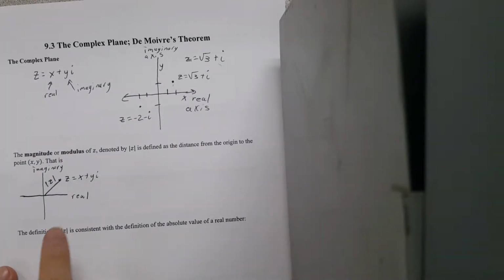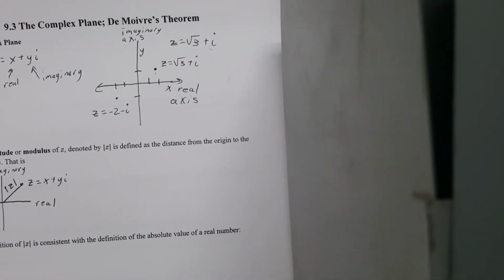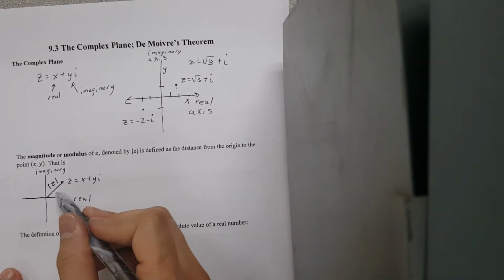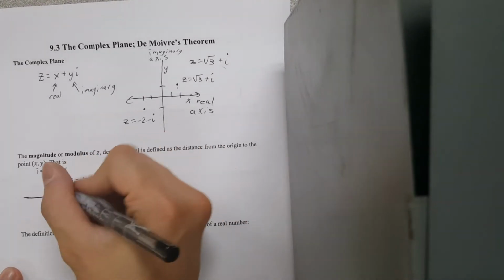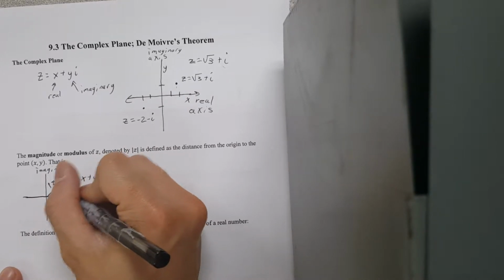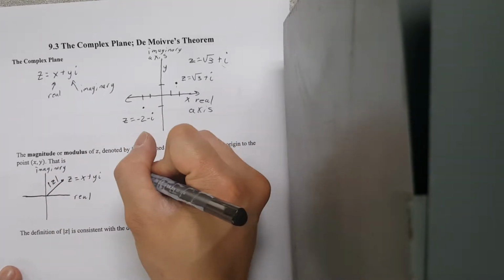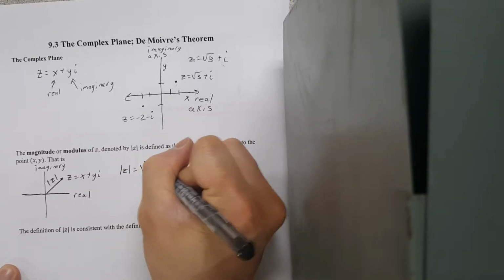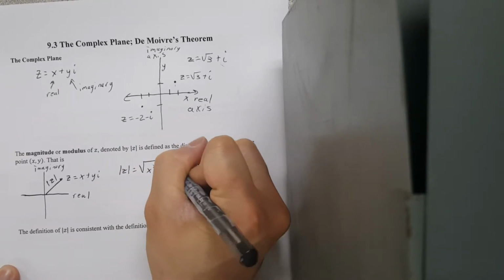Now, since we graph complex numbers on the complex plane, which follows the rectangular system, I know I can find this distance by doing the square root of x squared plus y squared.